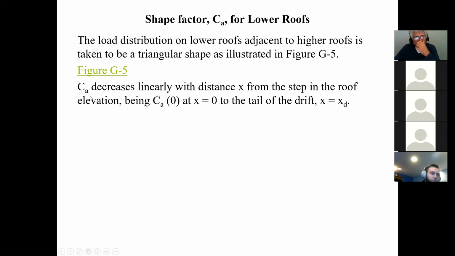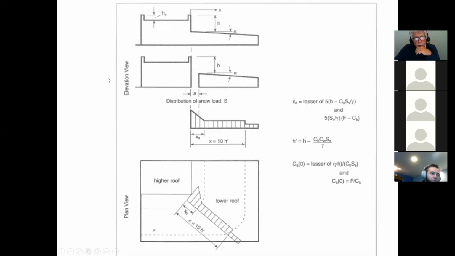Okay, so CA decreases linearly with a distance x from the step of the roof, beginning at CAO at x equals 0 to the tail end. So here what they're trying to make you understand is that if you go back to this figure, this is the value. When you calculate this value, it would give you the value of the snow load right there.